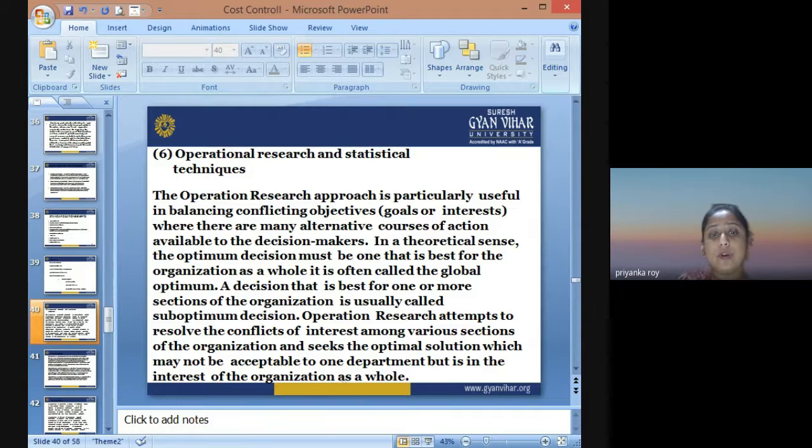It is often called a global optimum. A decision that is best for one or more sections of the organization is usually called a suboptimum decision. Operational research attempts to resolve the conflicts of interest among the various sections of the organization, and seeks the optimal solution, which may not be acceptable to one department but is in the interest of the organization as a whole.